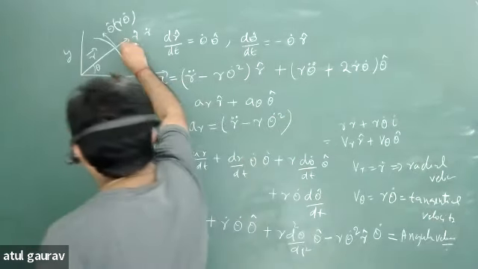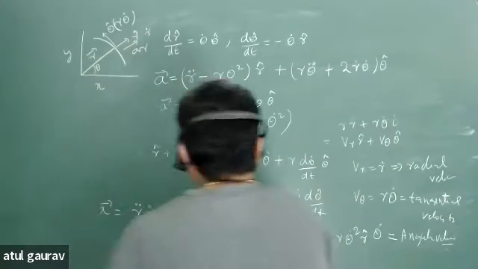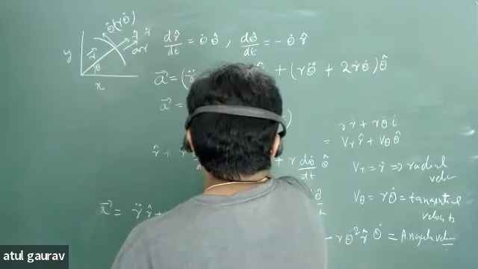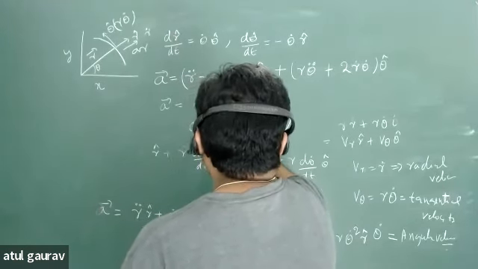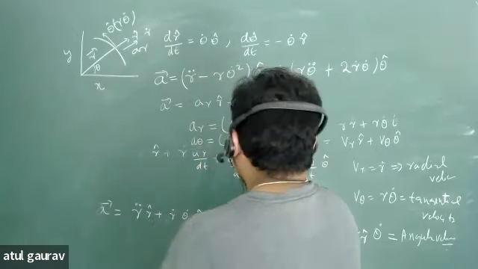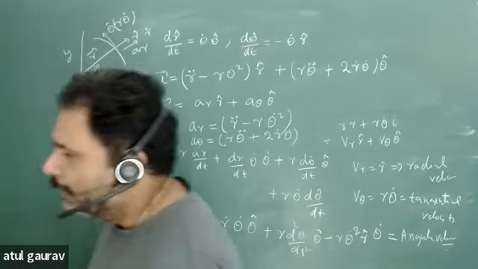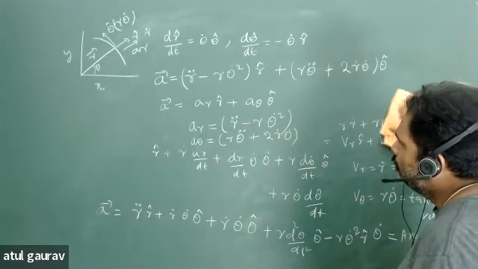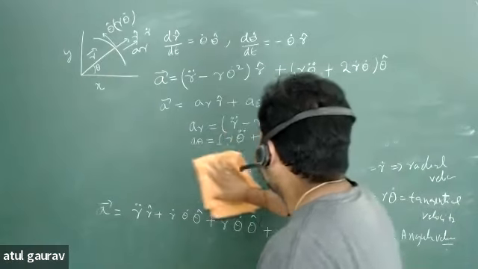So you have one acceleration in this direction, which is popularly known as AR. And what about A theta? A theta is nothing but r theta double dot plus 2 r dot theta dot. How will you write Newton's law of motion?